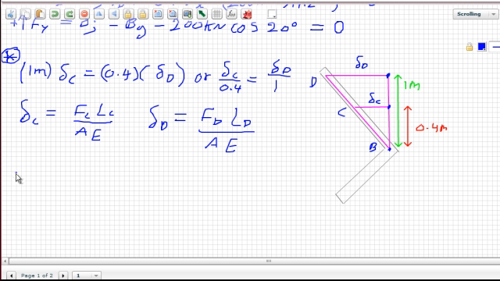So what we're gonna end up with is 1 meter multiplied by delta C, which is equal to FC. We don't know what FC is.